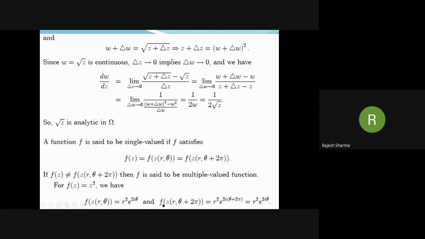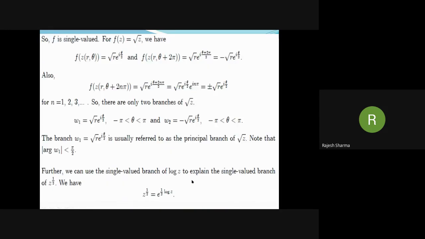And then on replacing θ by θ + 2π, we find that f(z; r, θ + 2π) is equal to r² e^{2iθ} e^{4πi}. e^{4πi} is 1. Therefore, this comes out to be equal to r² e^{2iθ}. So both are the same. So this function is by this definition also single valued.